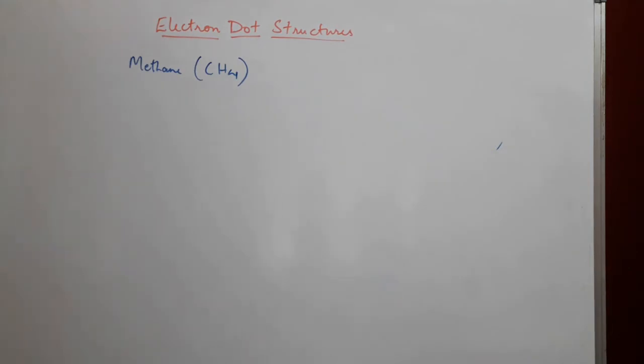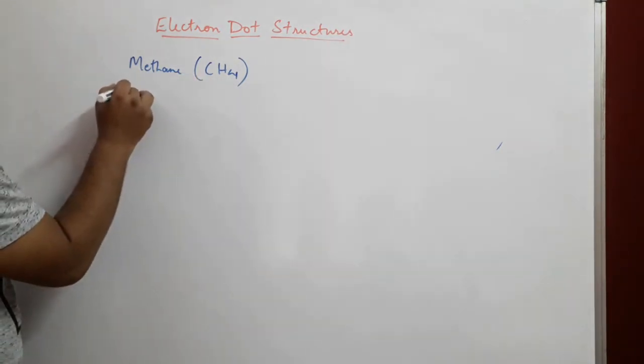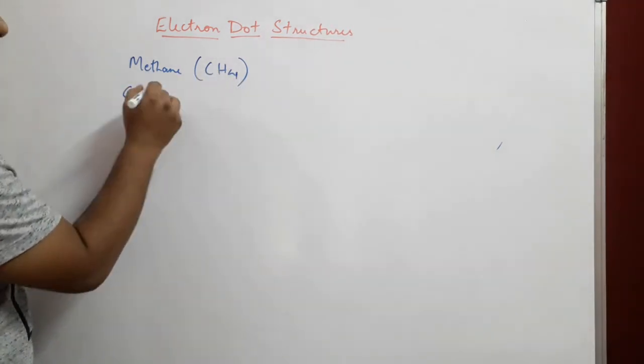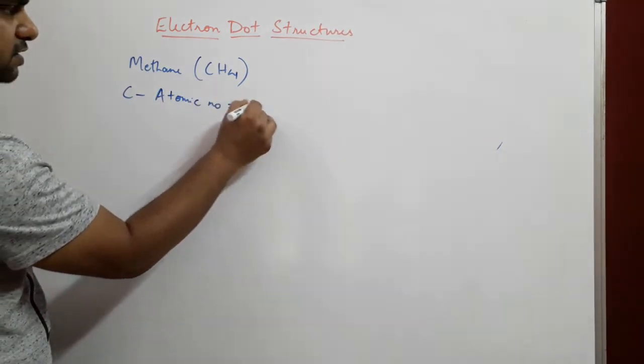So the first compound we have is methane, which is CH4. In this case we need to take down, in case of the carbon atom, the atomic number of carbon is 6.